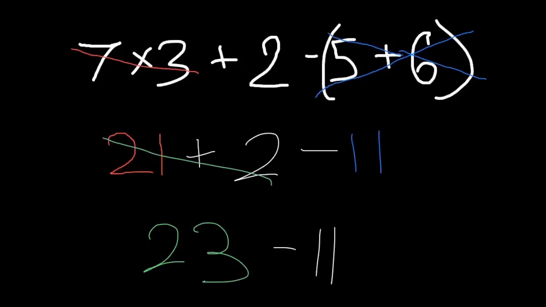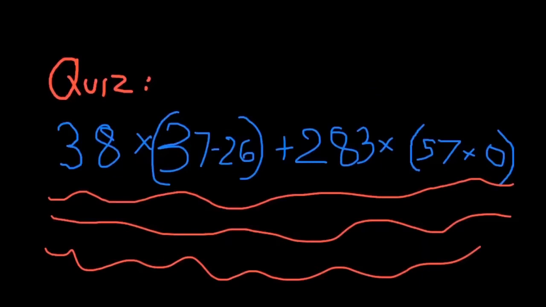And 23 minus 11 is equal to 12. And that is our answer.